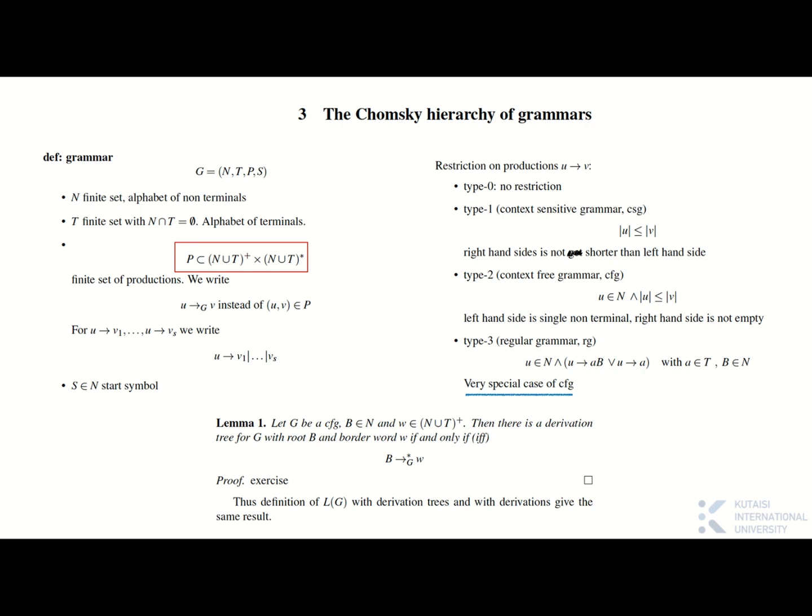But now I'm asking you a question. Let's say this is my plan, this is what I want to do. Does a type 3 grammar allow you to derive a language that contains an empty string?